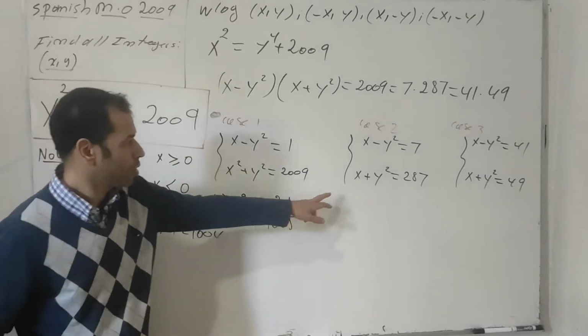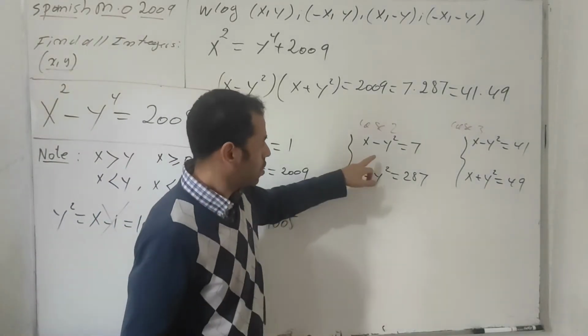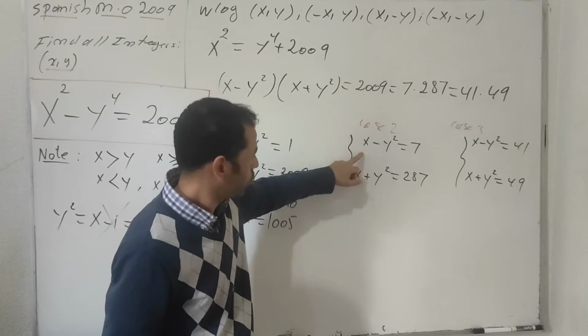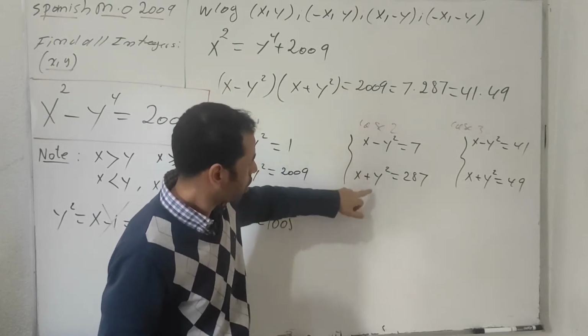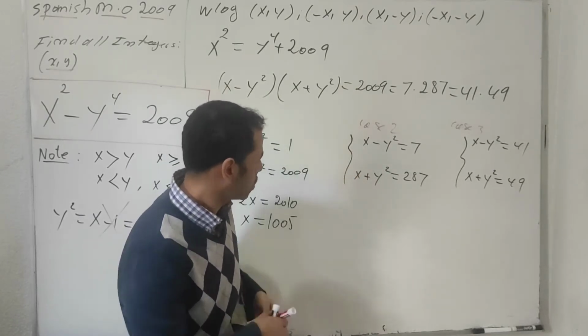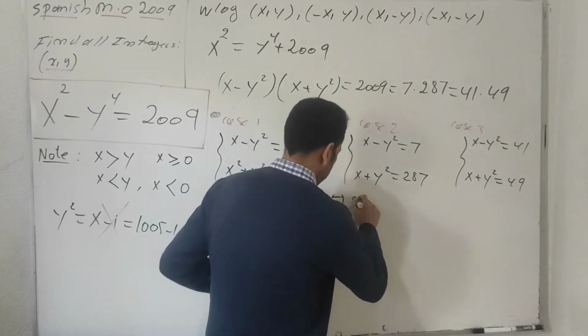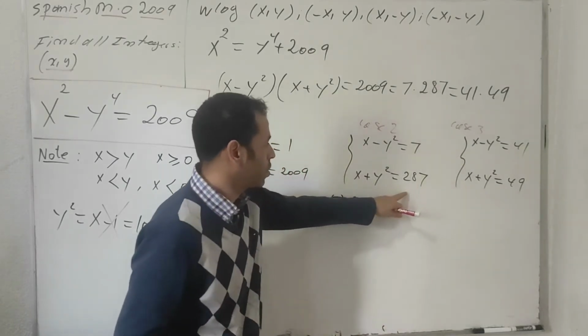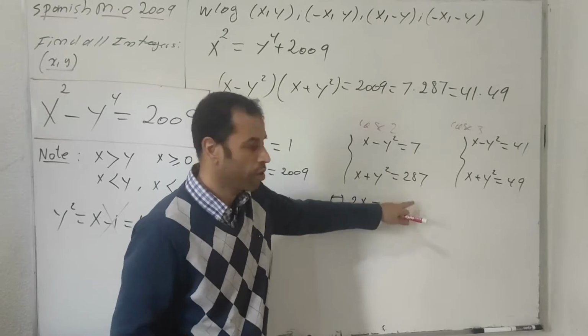Let's move on to the second case. I'm going to do the same work by adding the first equation and the second. I get 2x equals 7 plus 287, which is 294.